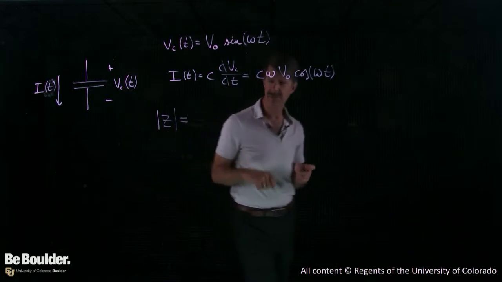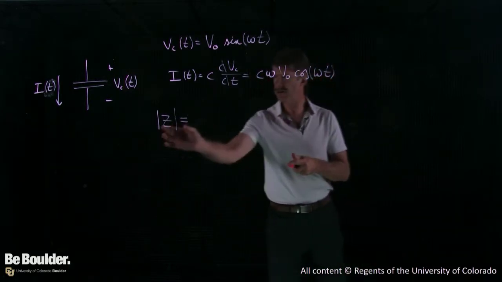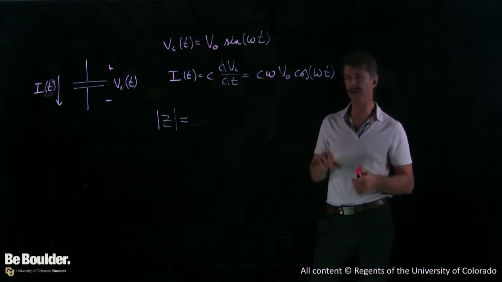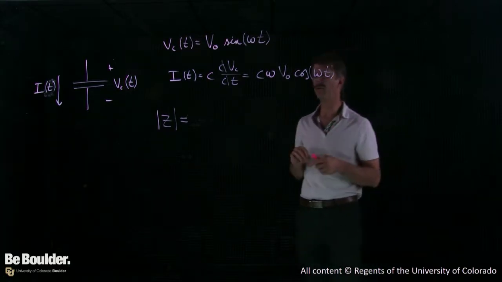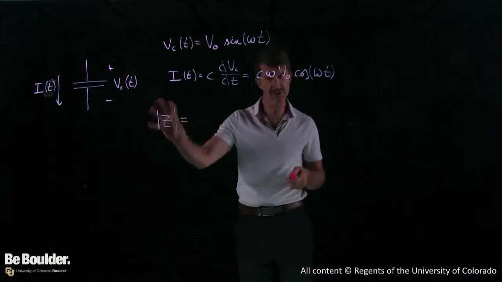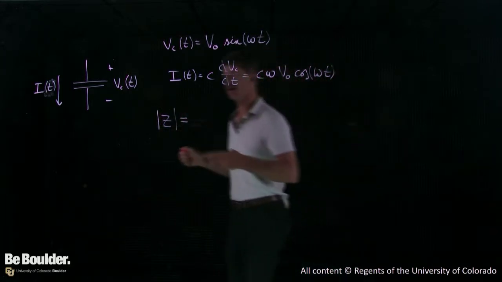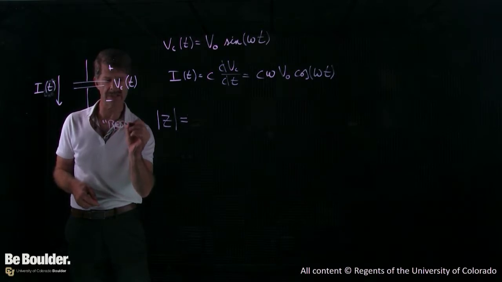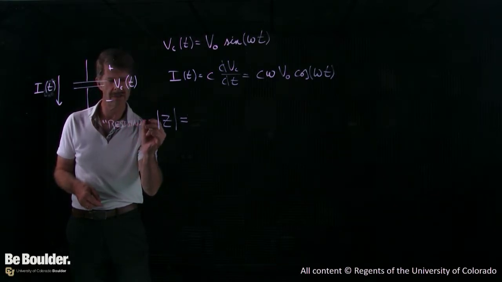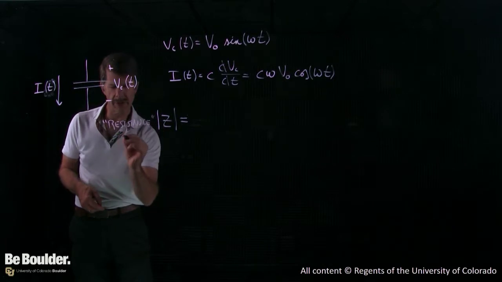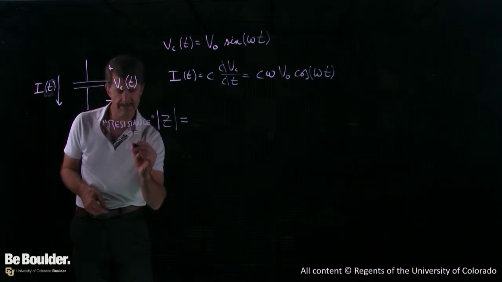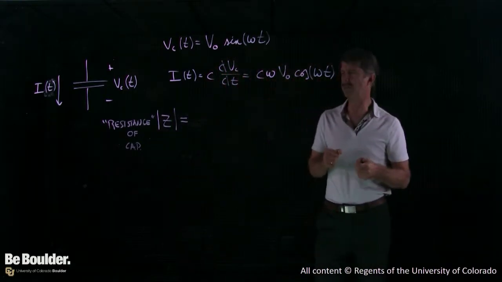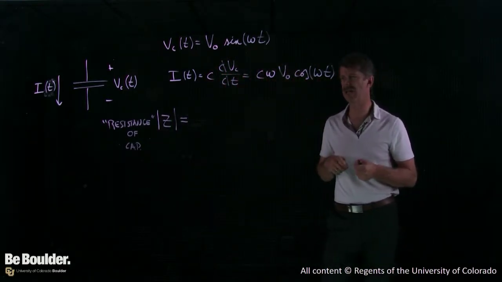So Z is the symbol for impedance, and the bars around it mean absolute magnitude, because it turns out that's a complex number. We don't need to know that. We just need to think about this as this sort of like resistance quantity. So I'll write in quotes here that this is the resistance of the capacitor. It's a similar concept, and it'll be enough for us to understand something important.